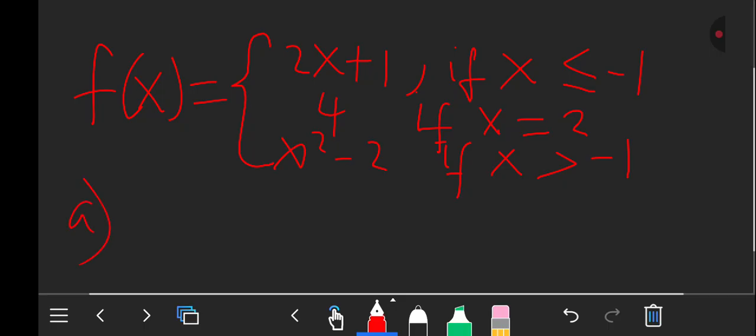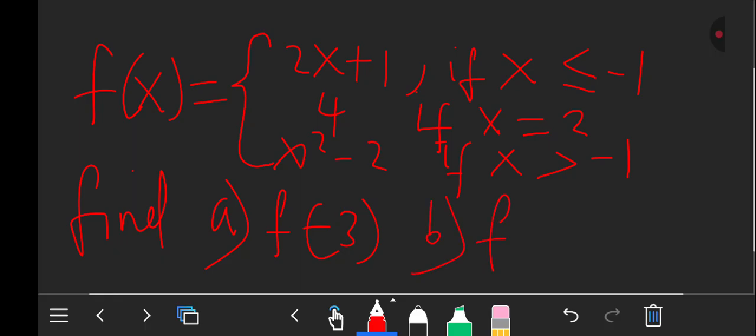Then the first question, what we are finding: find a, f of negative 3; b, f of positive 2; c, f of positive 4.